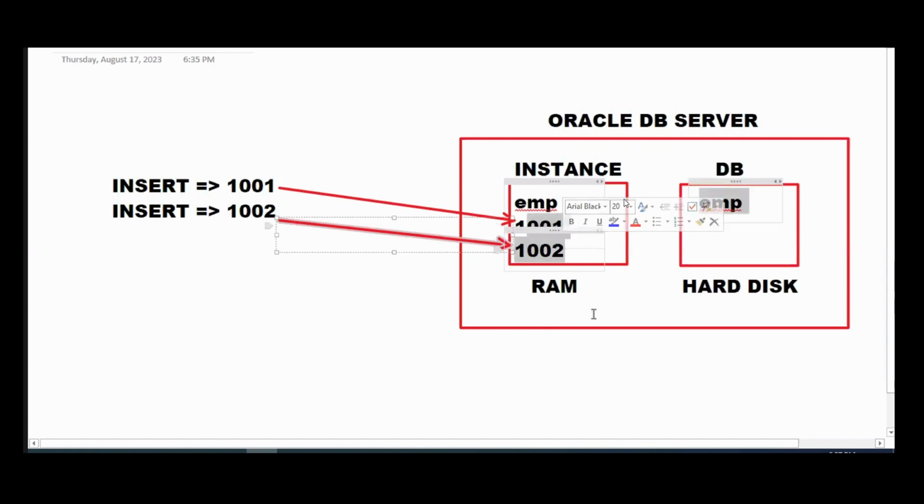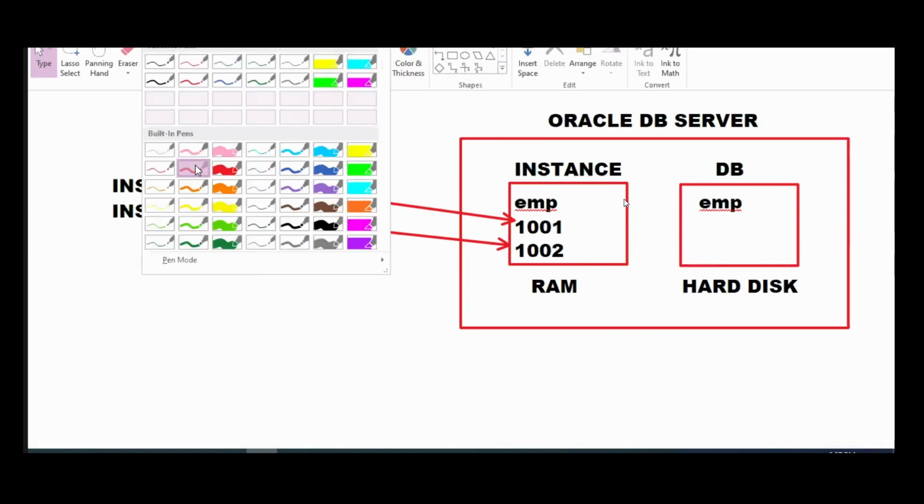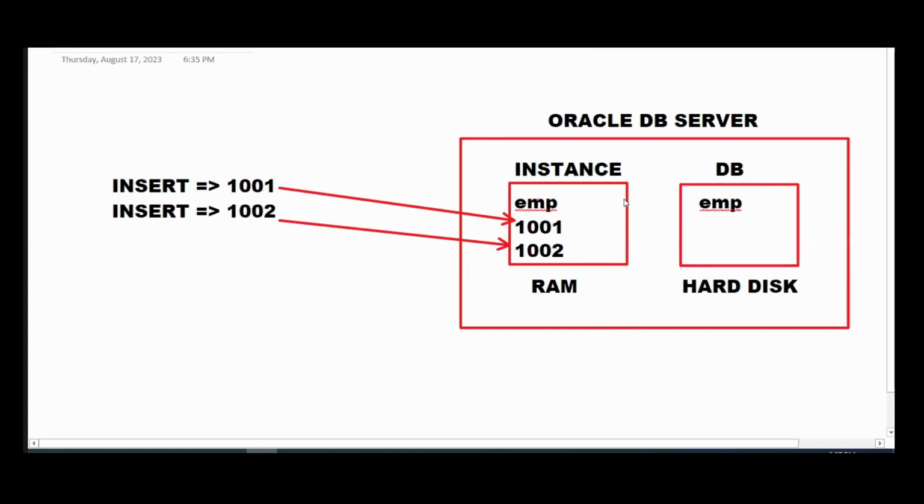Now observe. These changes are in the Oracle instance. I want to save these 1001, 1002 records permanently in the hard disk, in the database. So now I want to move these changes from this instance to the database.